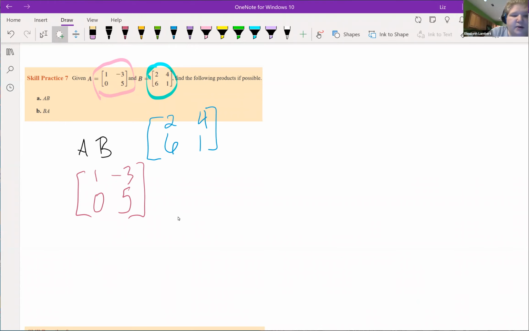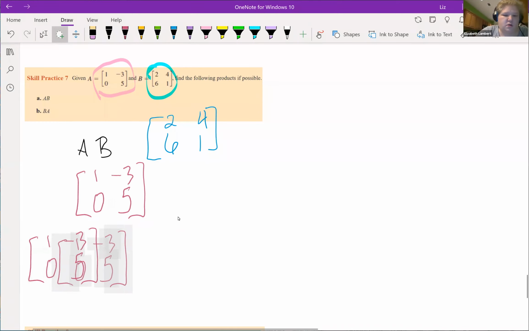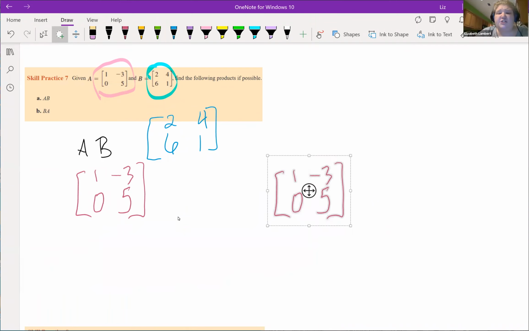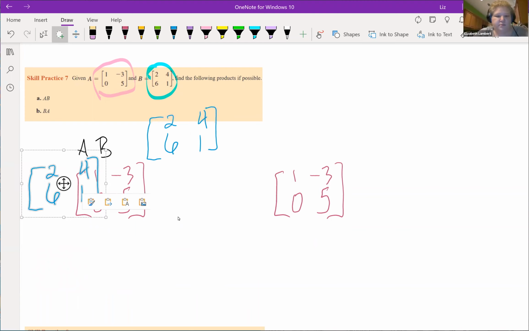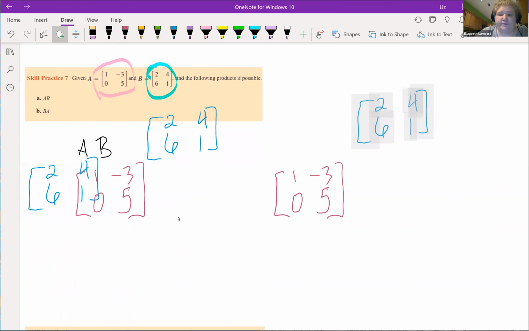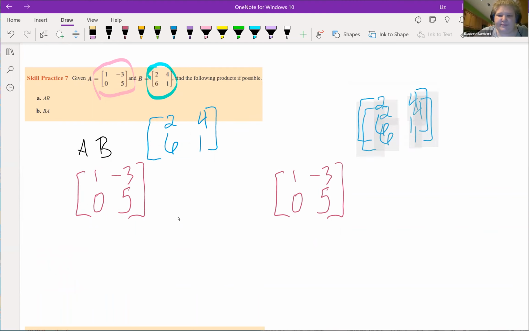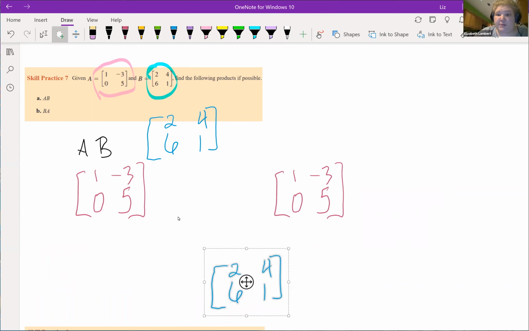All right, now through the magic of the computer, I put them in the wrong spots.